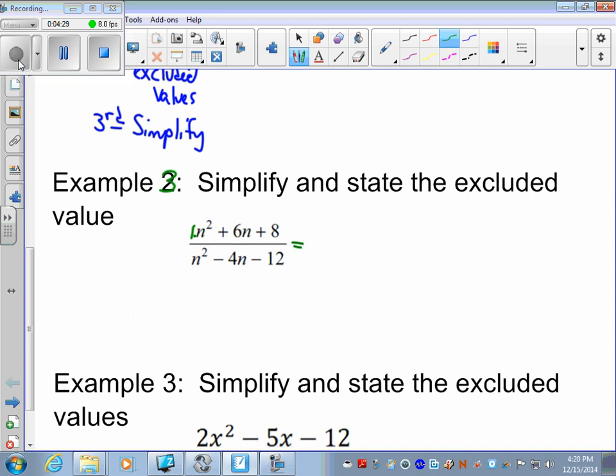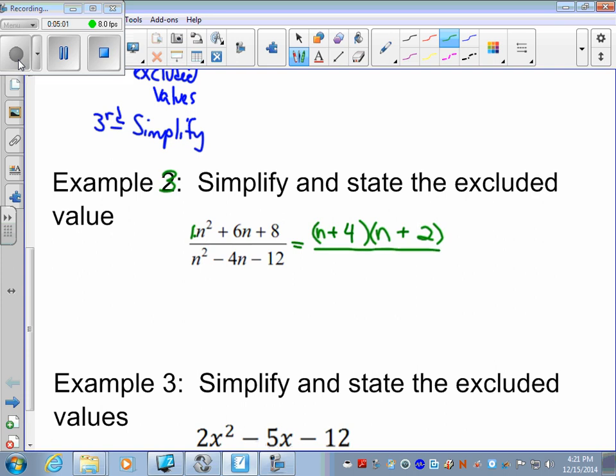From last class, before break, we learned how to factor without our calculators. You can put this numerator into your calculator, find your x-intercepts, and work backwards to get your factors. But it's a lot easier to ask what times what is 8 that adds up to 6. That's 4 and 2, and they're both positive. 4 plus 2 is 6, 4 times 2 is 8. And then the first terms are n and n. Those are the factors of the numerator.